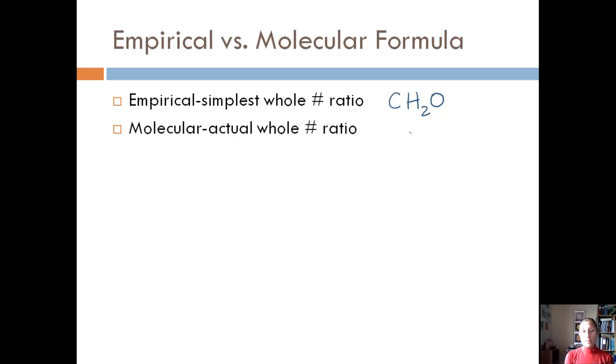Sometimes it is the same as empirical, such as in water, and sometimes it's different, or it's a larger number of atoms, but the same ratio. An example of molecular formula would be C6H12O6. The ratio for both of these is still 1 to 2 to 1, except now we've multiplied this ratio through by 6. So we're going to talk about how to calculate molecular formula.